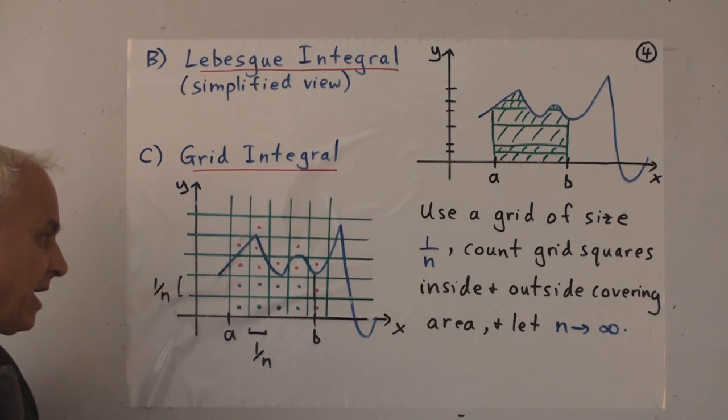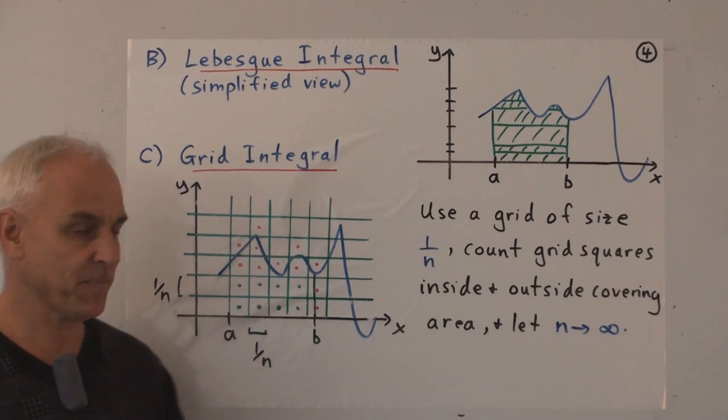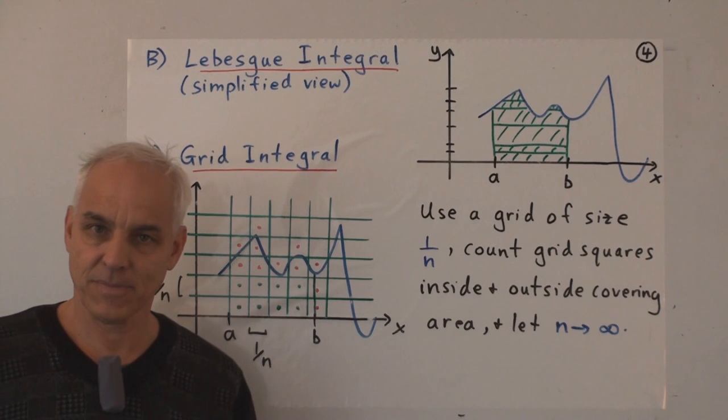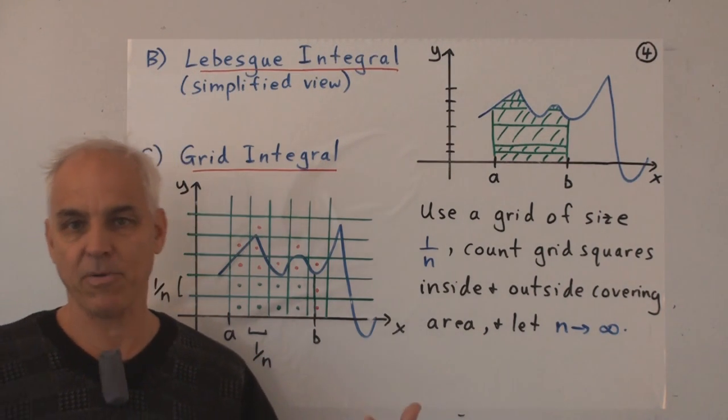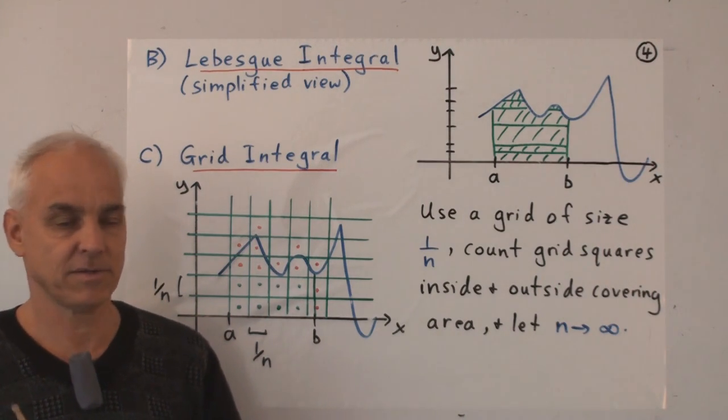The area of the green squares added up, and the area of the green and red squares added up, is some kind of lower and upper bound to the actual area, whatever that is.